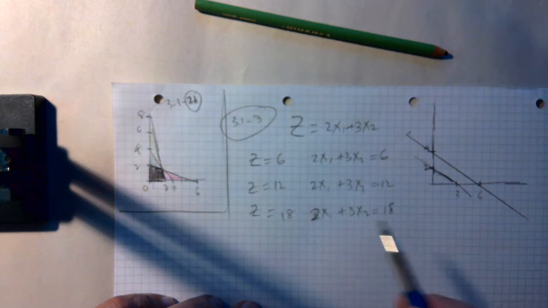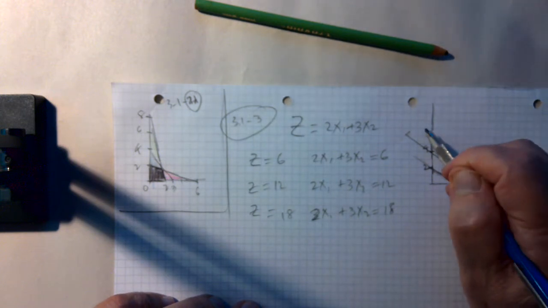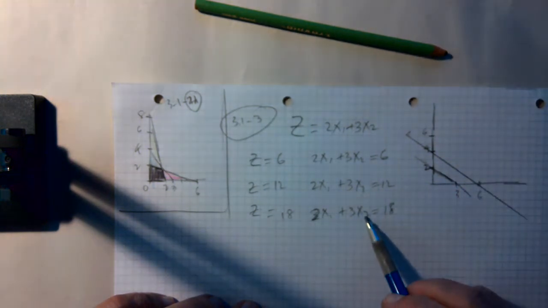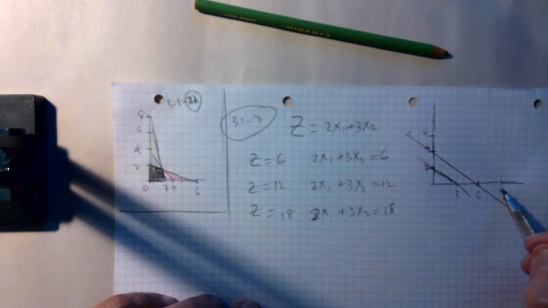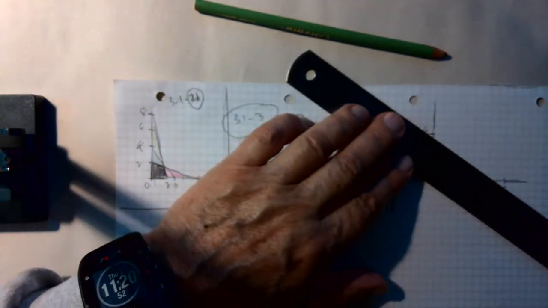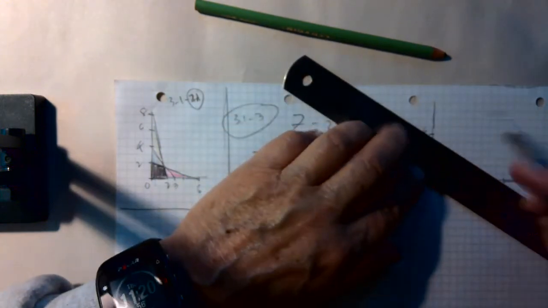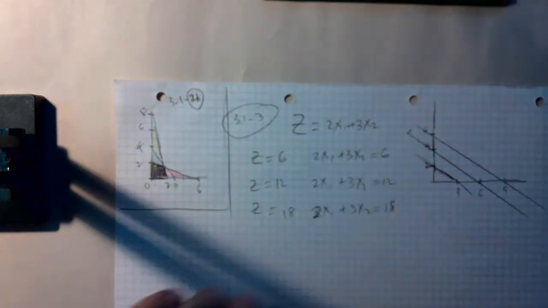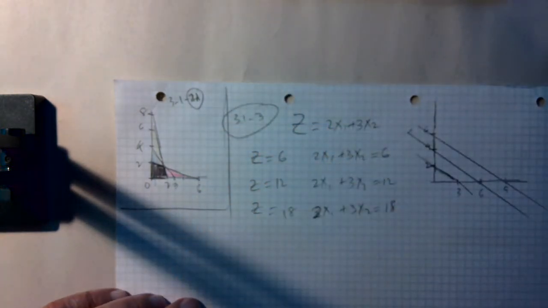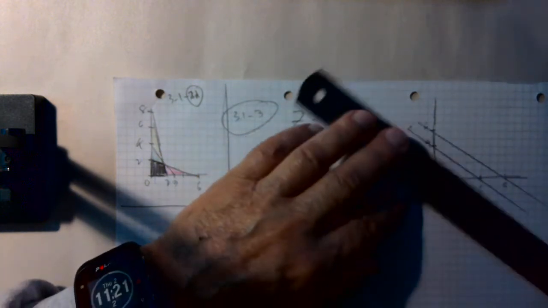Again, when x1 is 0, x2 is 6. When x2 is 0, x1 is 9. So the graph of the line is that.